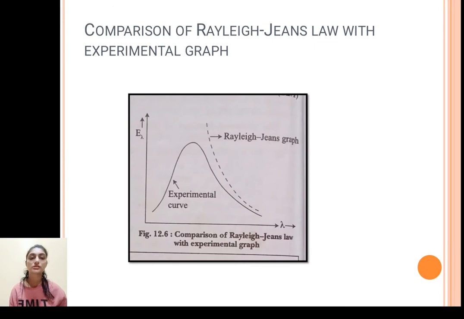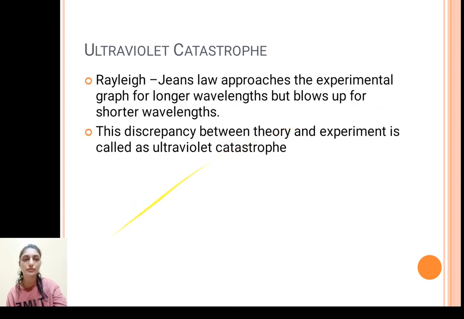Now, this is the experimental curve, and in case of Rayleigh-Jeans law, we get a curve like this. If we compare this experimental curve and the Rayleigh-Jeans graph, we can see that the Rayleigh-Jeans law approaches the experimental graph for longer wavelengths, but blows up for shorter wavelengths.